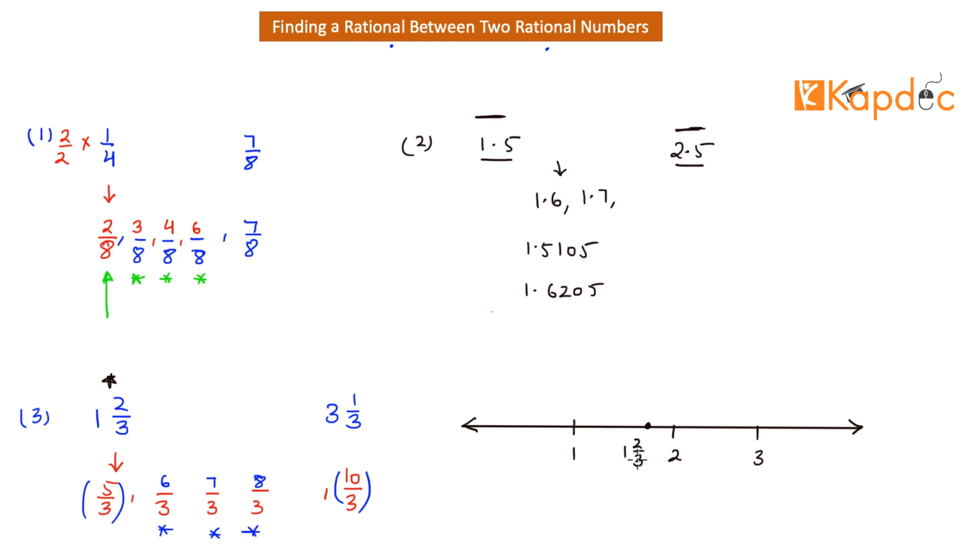So this is 1 2/3, and where exactly will be 3 1/3? So that will be, let's say, somewhere here. So this will be 3 1/3, right? What will be my two rationals that are between these two given points? So these are my given points, right? Well, it's very easy. You already have two of them.